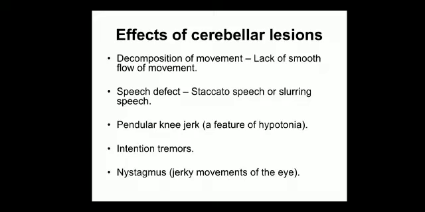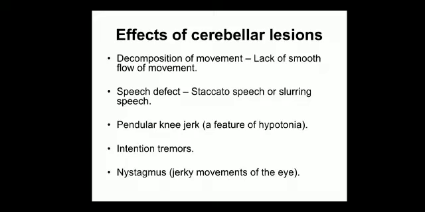Such patients cannot perform movements smoothly. If they reach for an object, their movements are jerky and accompanied by oscillating to and fro tremors that become more marked as the hand approaches the object. So that is the intention tremor.